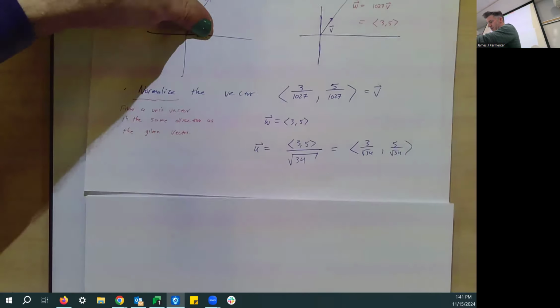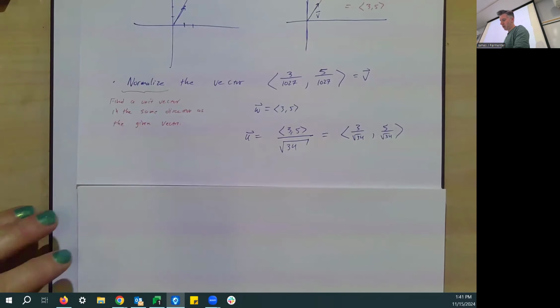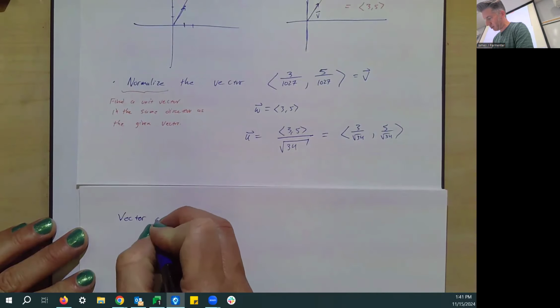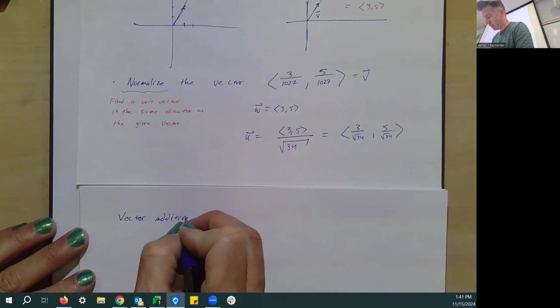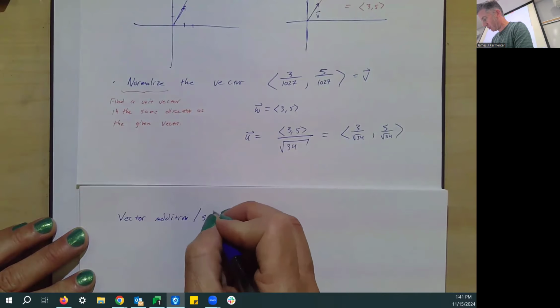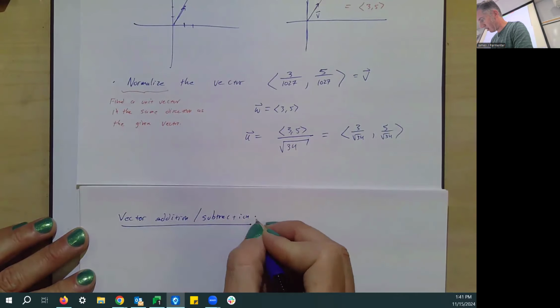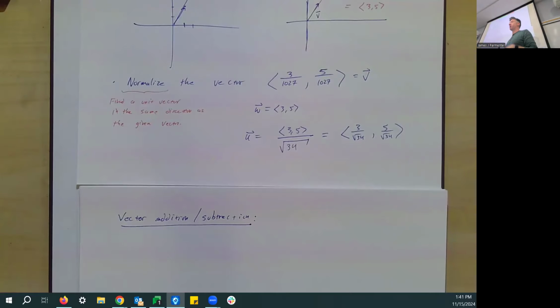All right. Moving along. Vector addition and subtraction. What I really want to say is that vector addition and subtraction works how you would hope it will work. Meaning, if you add two vectors together, you're just going to add their components together. If you subtract two vectors, you're just going to subtract their components.